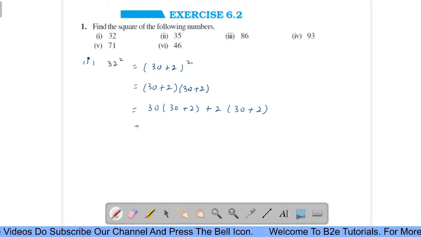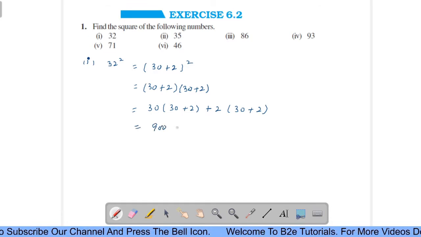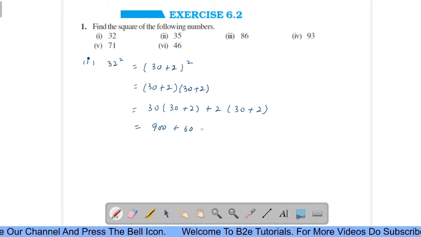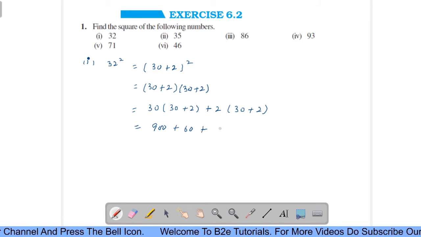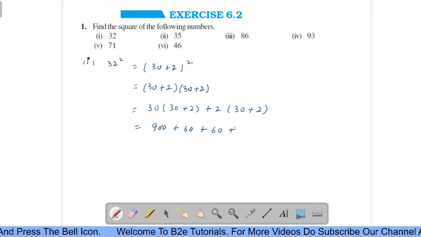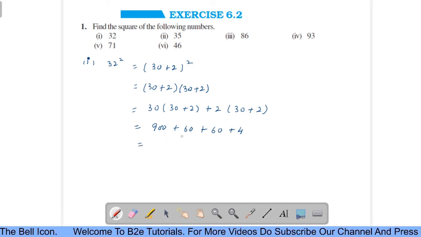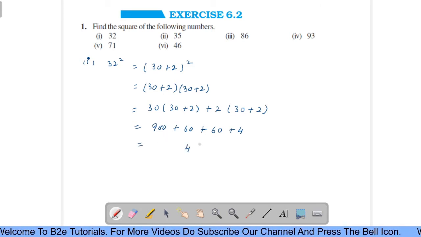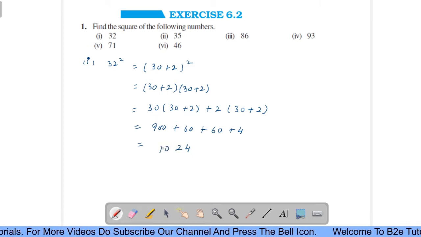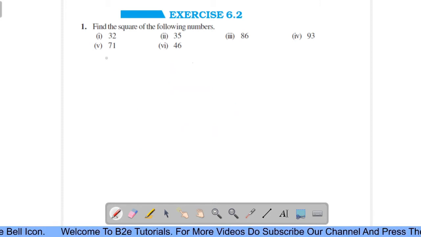Now open the brackets, 30 into 30, it is 900, plus 30 into 2, it is 60, plus 2 into 30, it is 60, plus 2 into 2, it is 4. Now add this, we will get your answer is 1024.